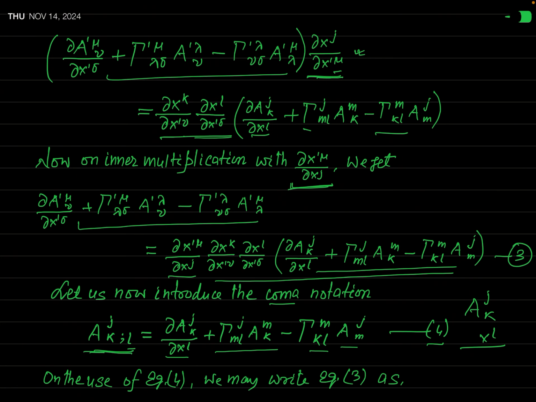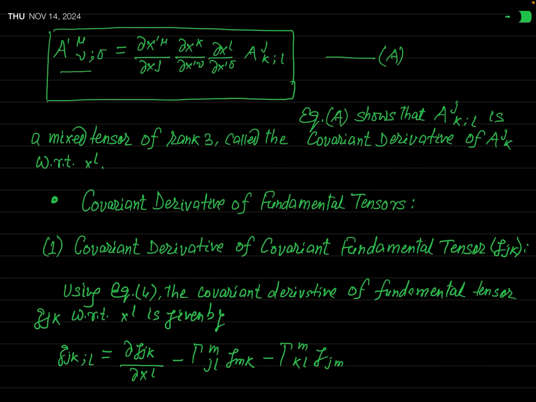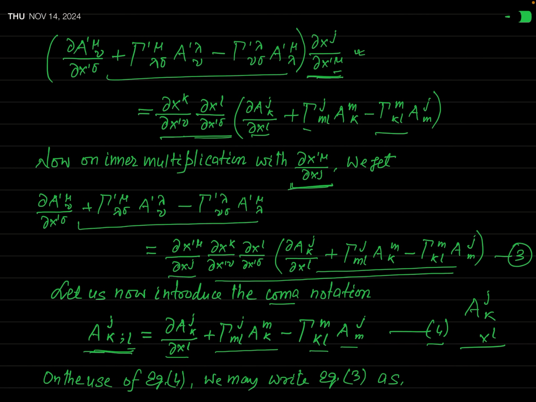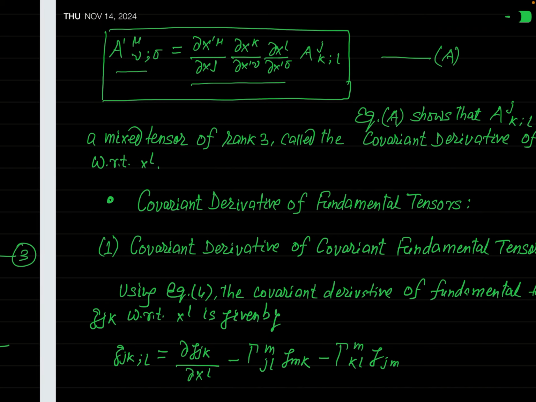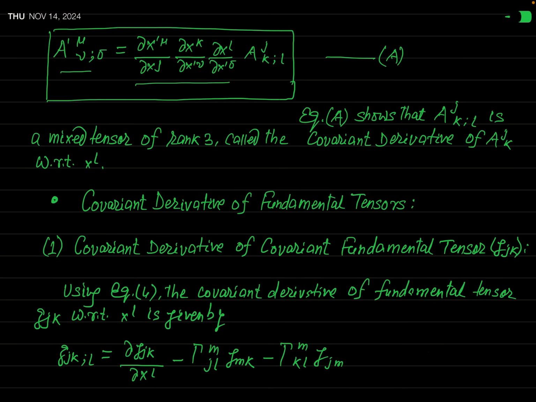On the basis of equation 4, I have written this for the LHS. And in the RHS, this factor is the common factor here, and instead of the expression inside the bracket on the basis of equation 4, now you will write this much. So A' with contravariant index μ, covariant index ν, semicolon σ, is equal to this much.